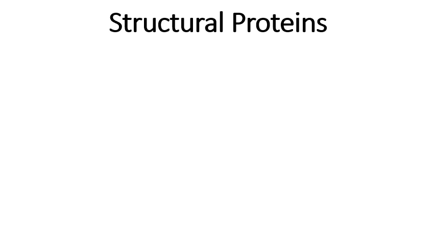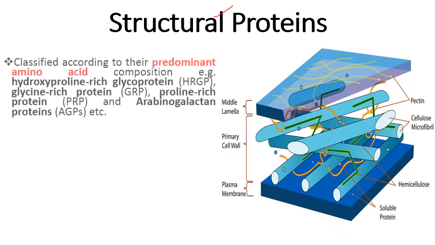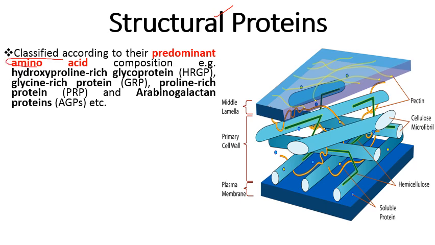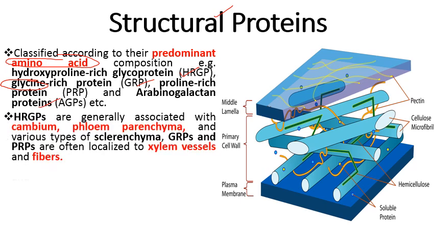Next important component includes structural proteins. These proteins are divided into different categories on the basis of predominant amino acid. For example, we have hydroxyproline-rich glycoproteins, abbreviated HRGP. Then we have glycine-rich proteins, that is GRP, proline-rich proteins, that is PRP, and arabinogalactan proteins, that is AGP. Hydroxyproline-rich glycoproteins are generally associated with cambium, phloem parenchyma, and various types of sclerenchyma, while glycine-rich proteins and proline-rich proteins are often localized to xylem vessels and fibers.